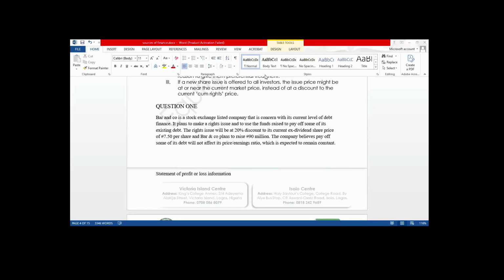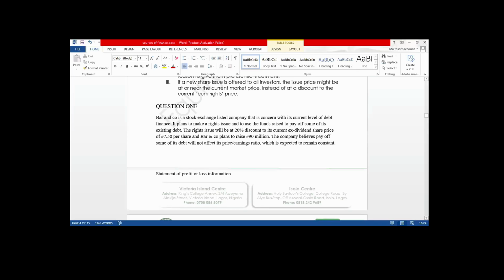Banco plans to raise 90 million naira. Please underline. The company believes that paying off some of its debt will not affect its price earning ratio, which is expected to remain constant.